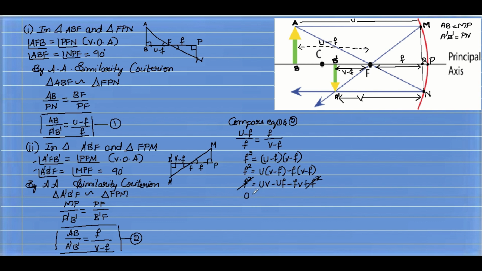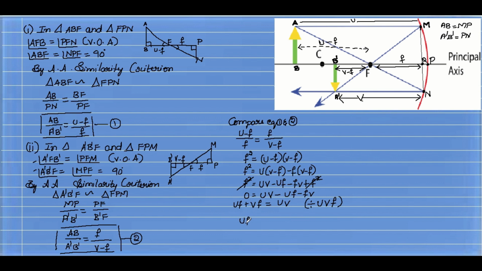Next, the remaining is UV minus UF minus FV. So next I will shift these two negative terms to this side. Okay, it will become UF plus VF is equal to UV. Next, I am going to divide these three terms by UVF, in order to derive the formula.